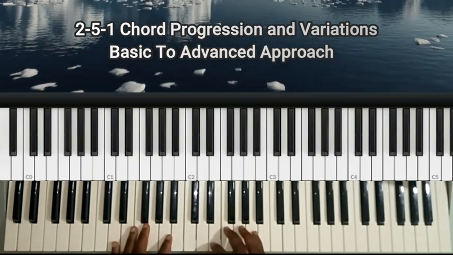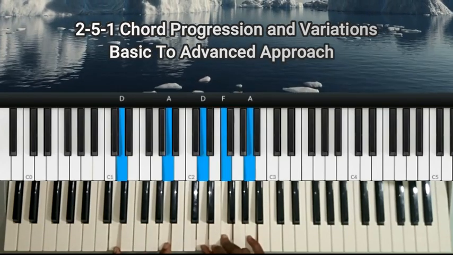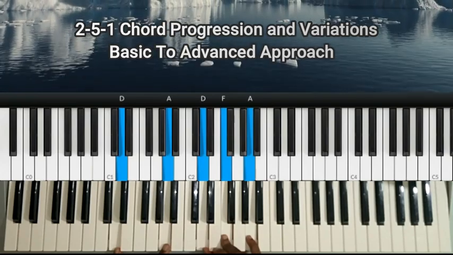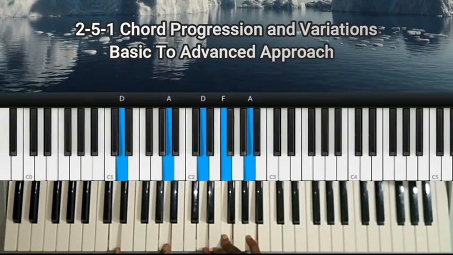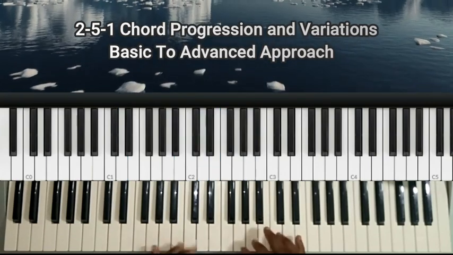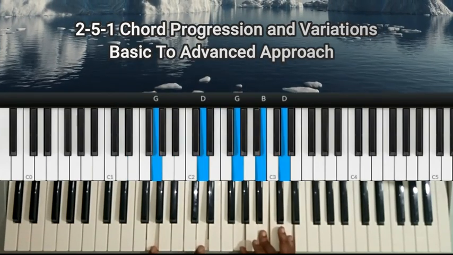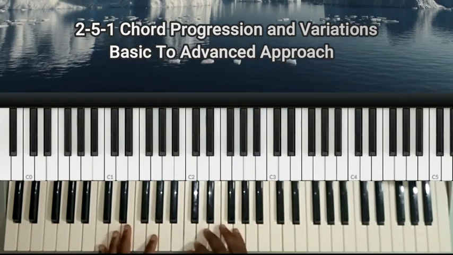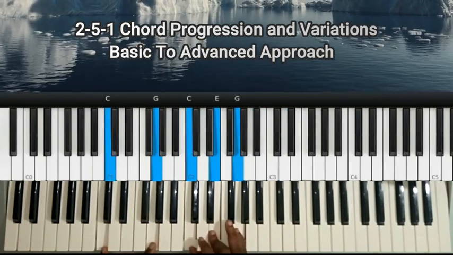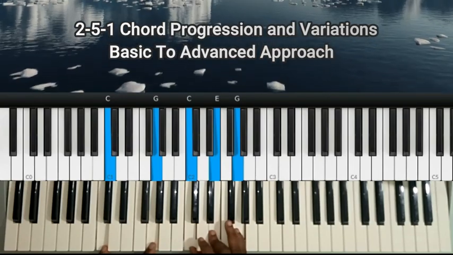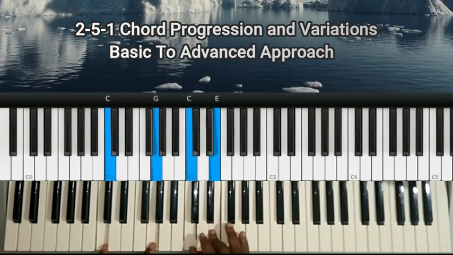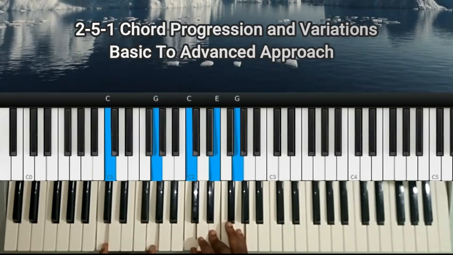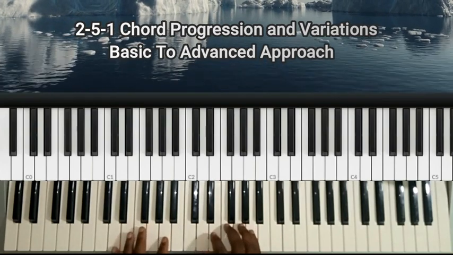We have our 2 as D minor: D, F, and A. Then we have our 5 as G major: G, B, and D. And then we have the 1 as C major, which is C, E, and G. So we have the first 2-5-1 progression as this.